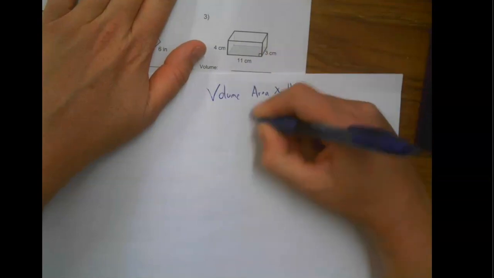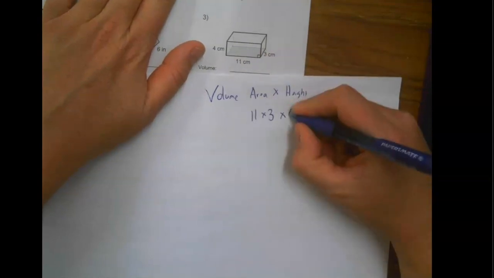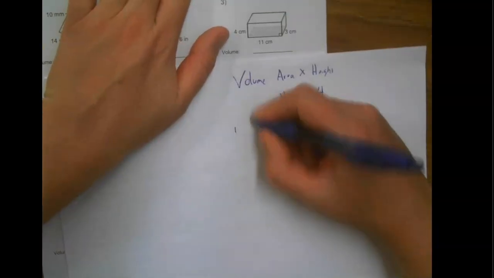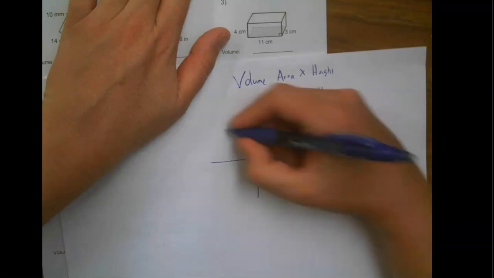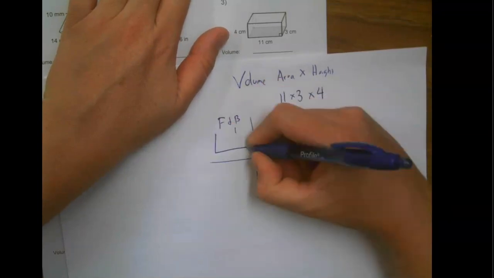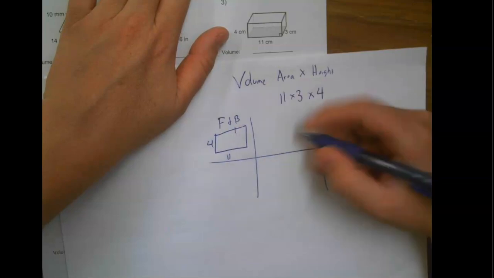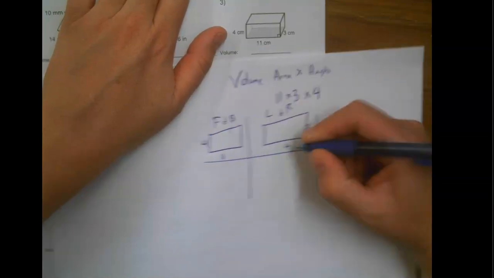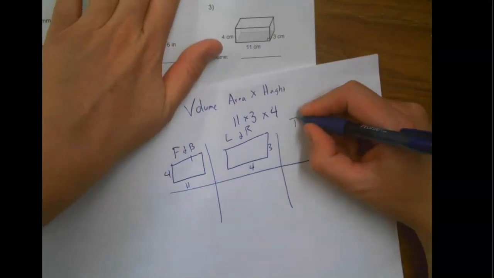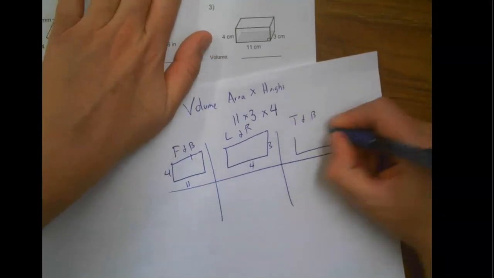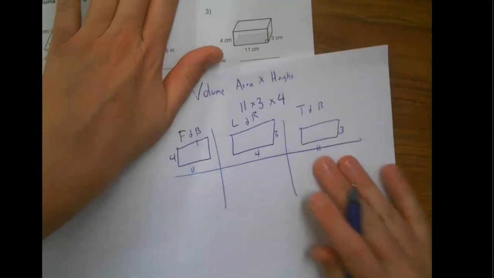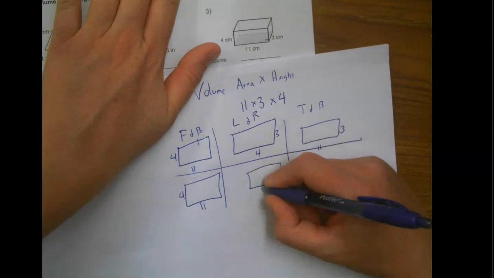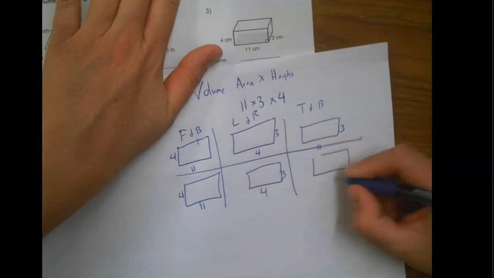So volume would be 11 times 3, that's my base, times my height. Surface area, I'm going to do the grid thing, and I'm going to say the front and the back. So my front is 11 and 4. My left and my right is 3 and 4. And my top and my bottom is 11 and 3. And then these would be the same, 11 and 4, 4 and 3, 11 and 3.